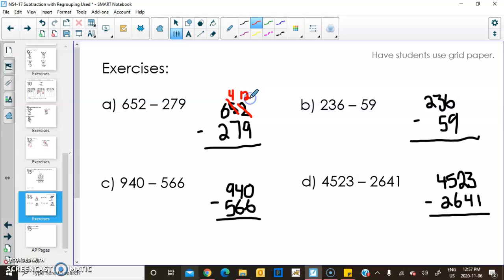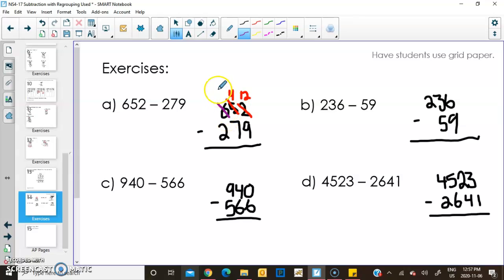Okay, let's see if we're done regrouping. So we have 12 cookies. Can I take 9 away? Yeah. If I have 4 cookies, can I give 7 away? No. So I need to regroup again. So I'm going to regroup 1 hundred as 10 tens.